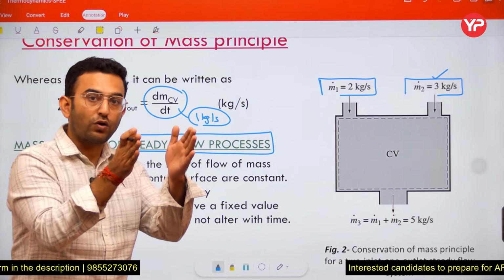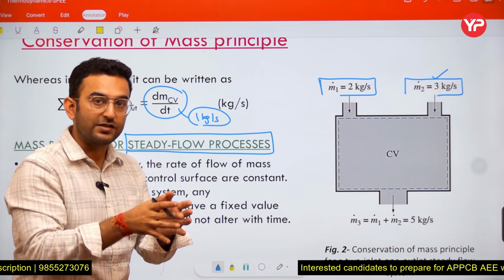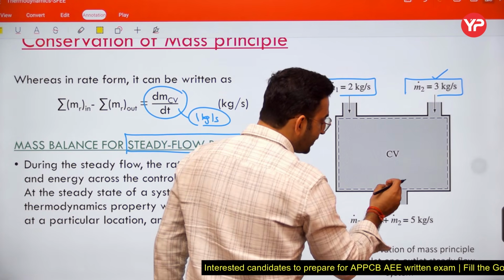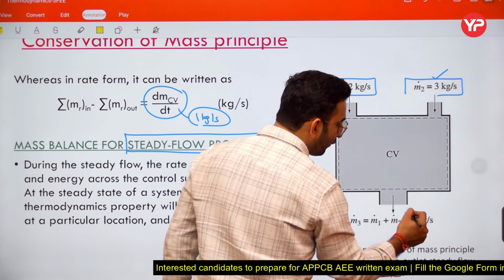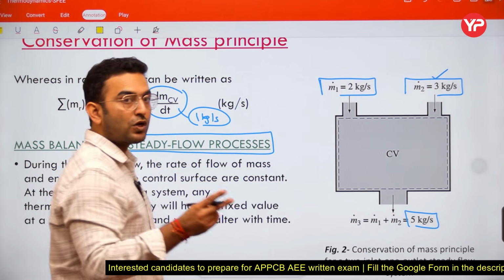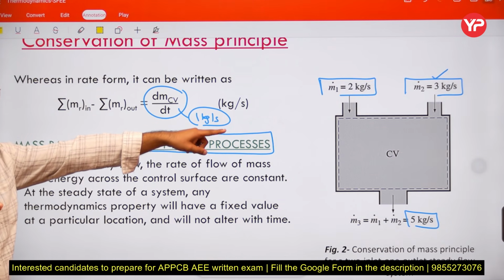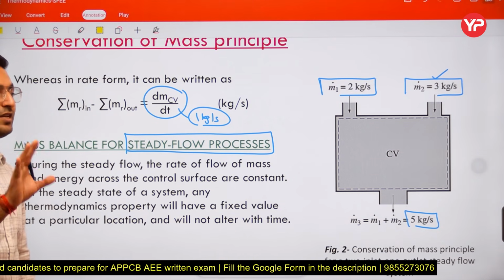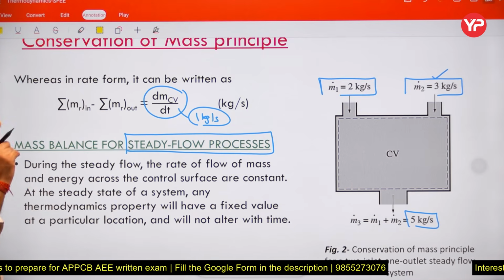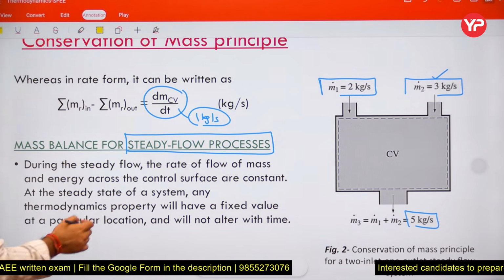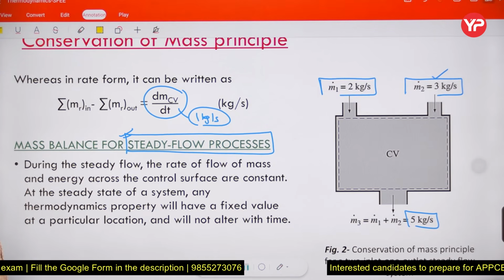So I can see the total mass entered inside the system is equivalent to 5 kilogram per second, and similarly the fluid is exiting from the system with a mass flow rate of 5 kilogram per second. So correspondingly you are going to observe the net mass change inside the control volume is going to get 0 here. Okay, so mass inside the control volume is not changing at all. Therefore, I can say we are dealing with the steady flow processes.